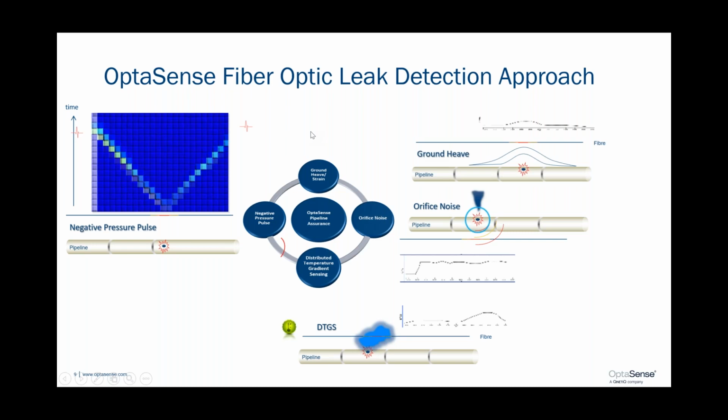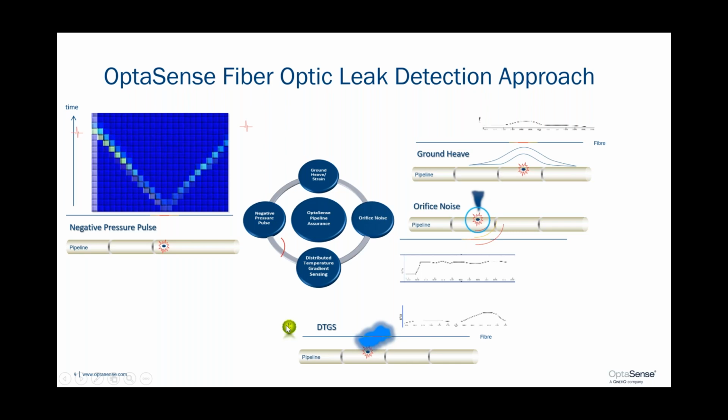And then finally, particularly important for a gas pipeline, you may get some lift or ground heave as the gas escapes into the porous soil, or indeed in a liquid pipeline where the fluid is pushing on the cable itself. And all of these can be accessed.